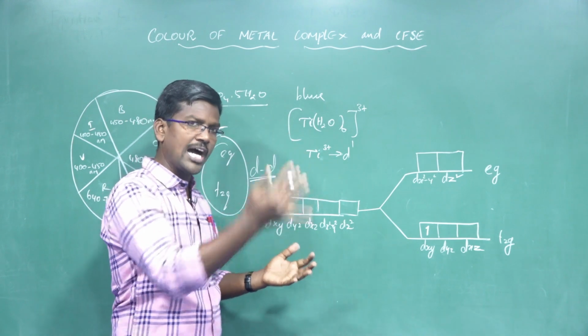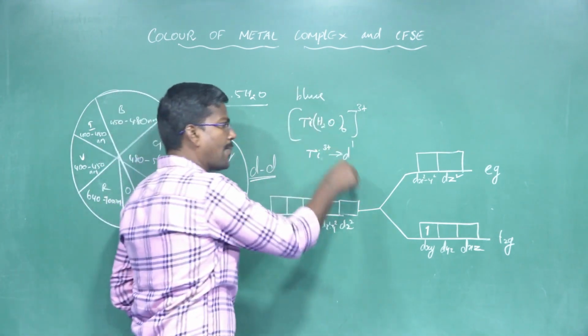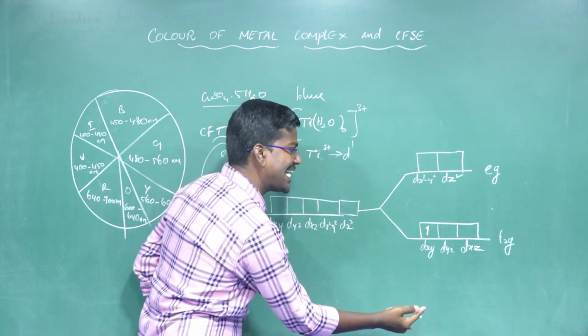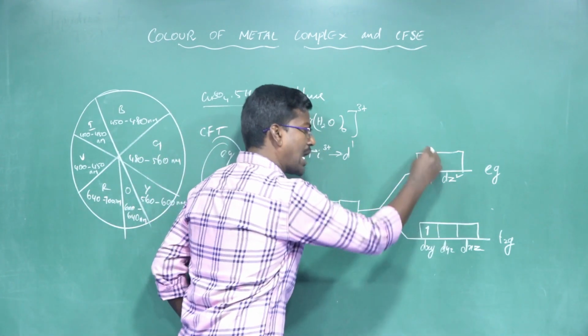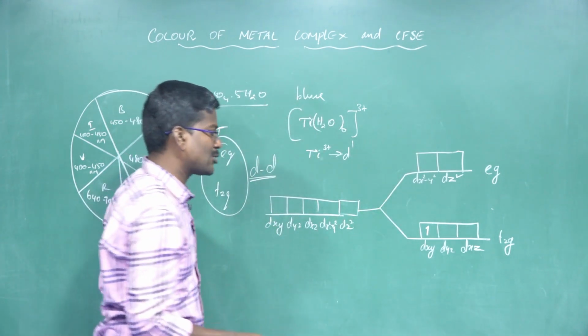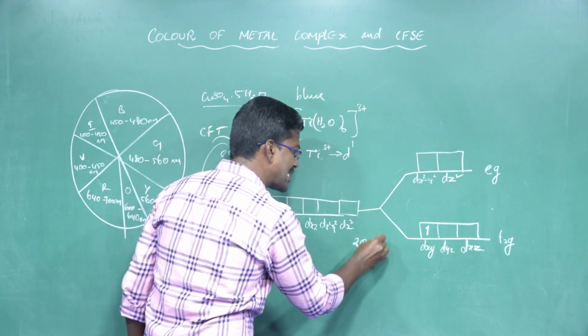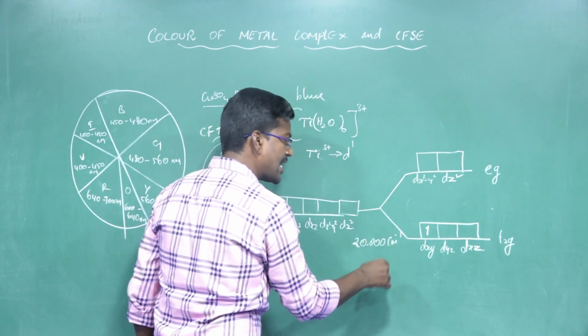When white light or visible light falls on this complex, the unpaired electron is excited from the lower energy level to the higher energy level. Here, the spectral data shows the absorption maximum is 20,000 centimeter inverse.